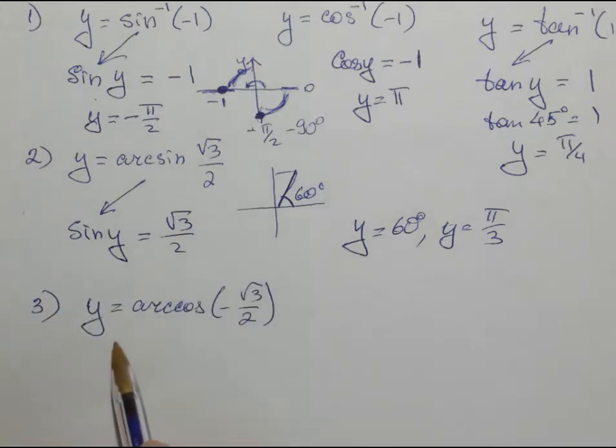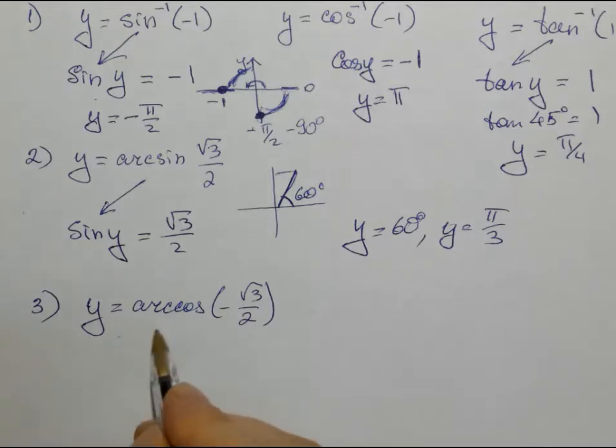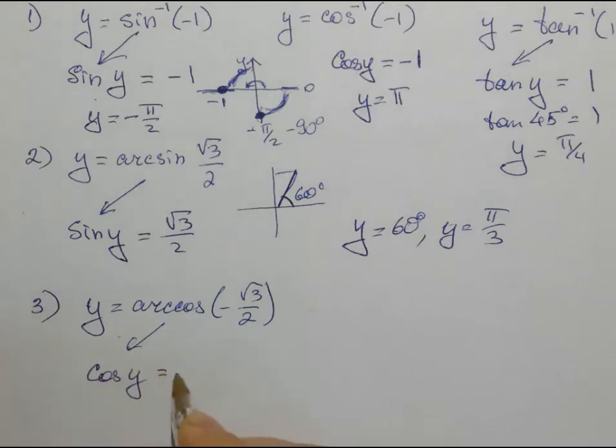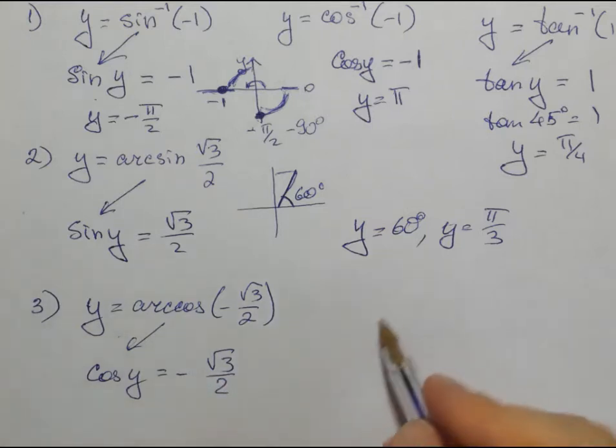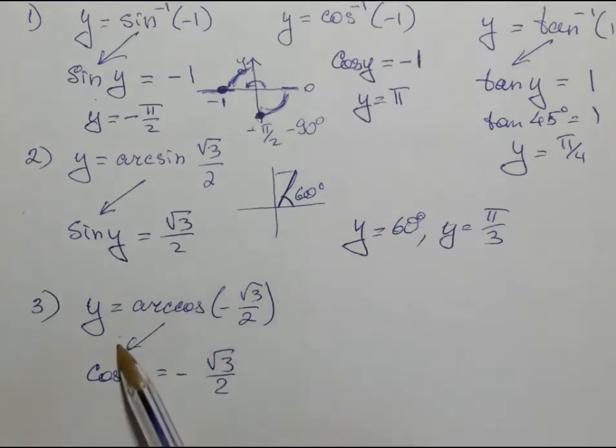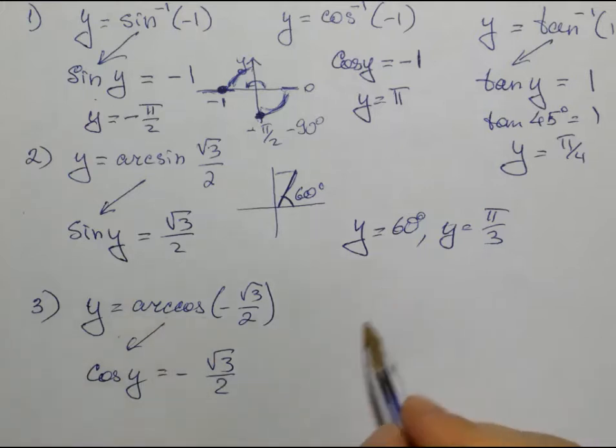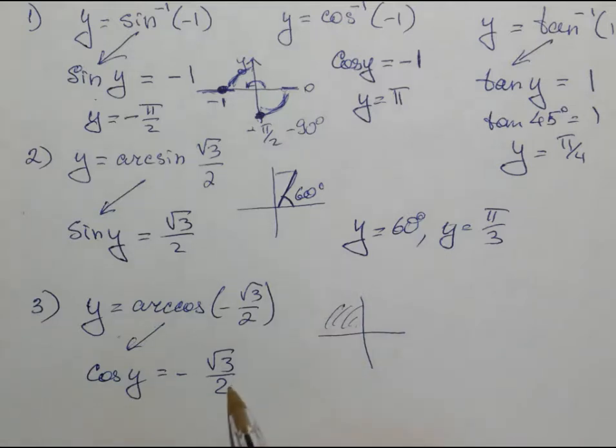Let us also find arc cosine of negative square root of 3 over 2. Write it without inverse function first. Cosine of y equals negative square root of 3 over 2. So we deal with inverse function. Cosine inverse is negative in the second quadrant. And the cosine is the x-coordinate.